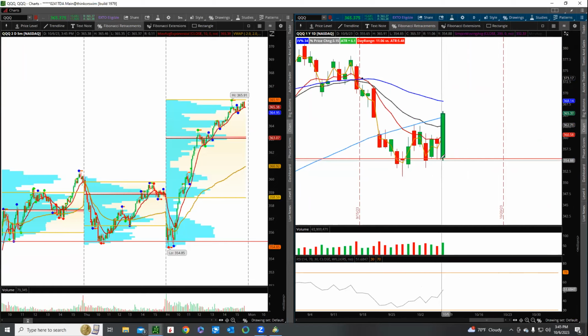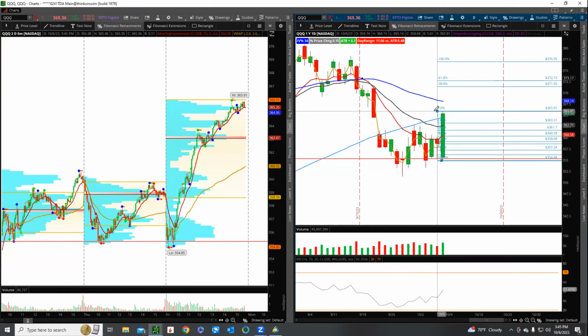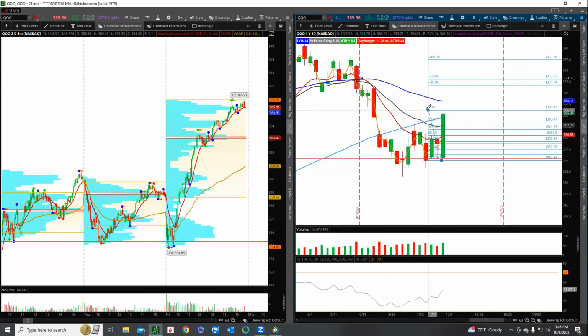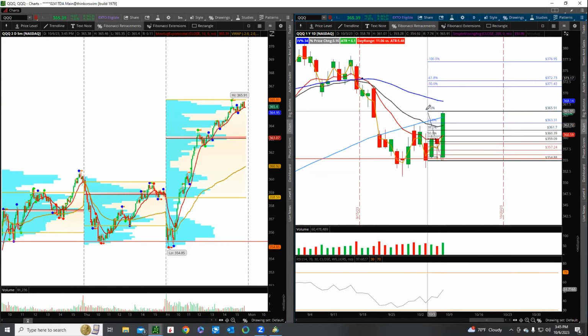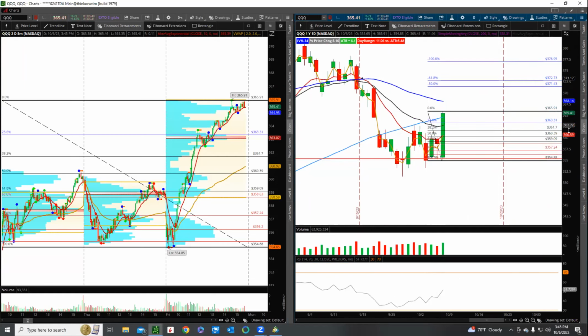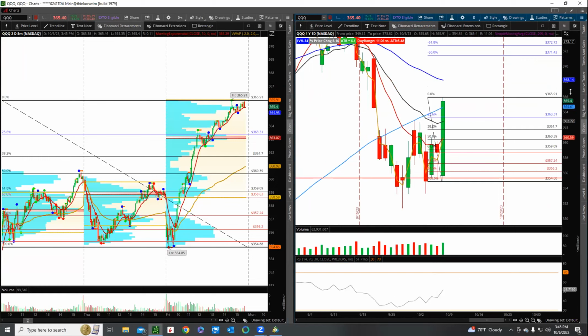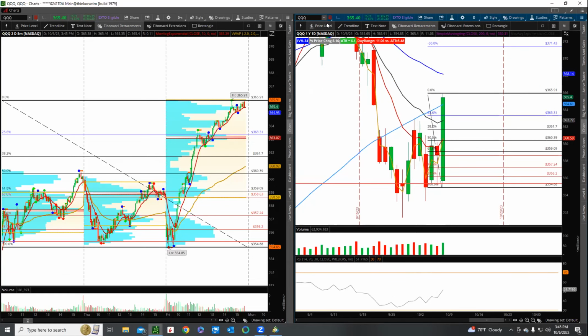If I can get it to work. There we go. Okay, so there's the retracement on today's candle. So 50%, let's drop the line here on the 50 just so we have it. Right, and then 30% retracement somewhere around here.